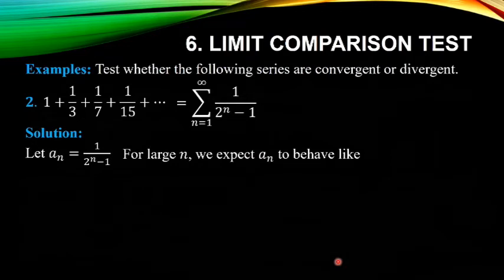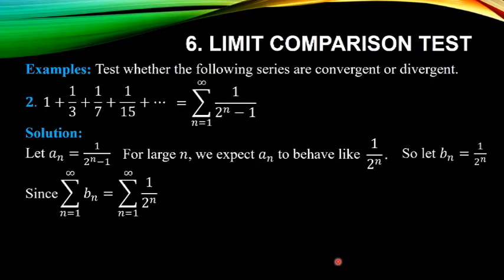For large n, we expect a sub n to behave like 1 over 2 raised to n. So let b sub n be equal to 1 over 2 raised to n, whose summation is convergent since as n increases, the denominator increases and b sub n approaches 0.